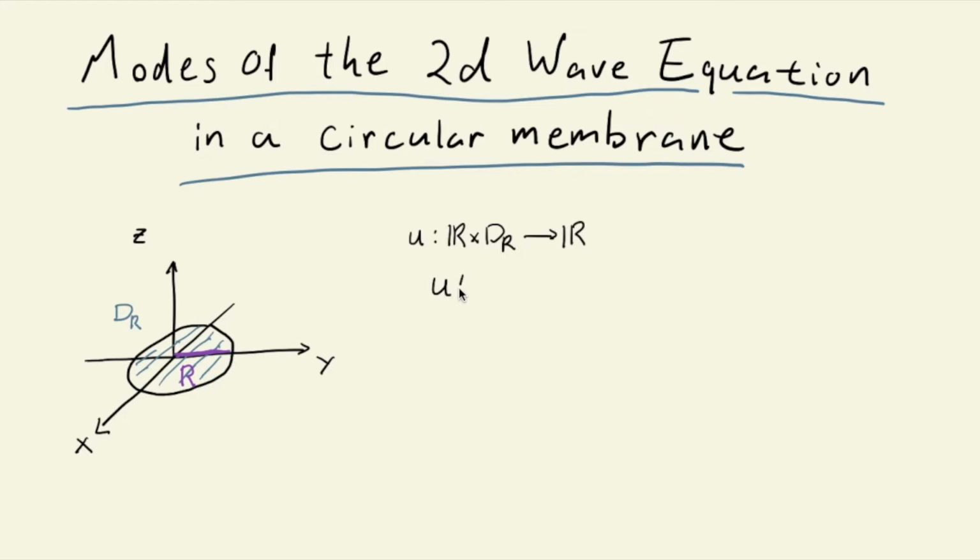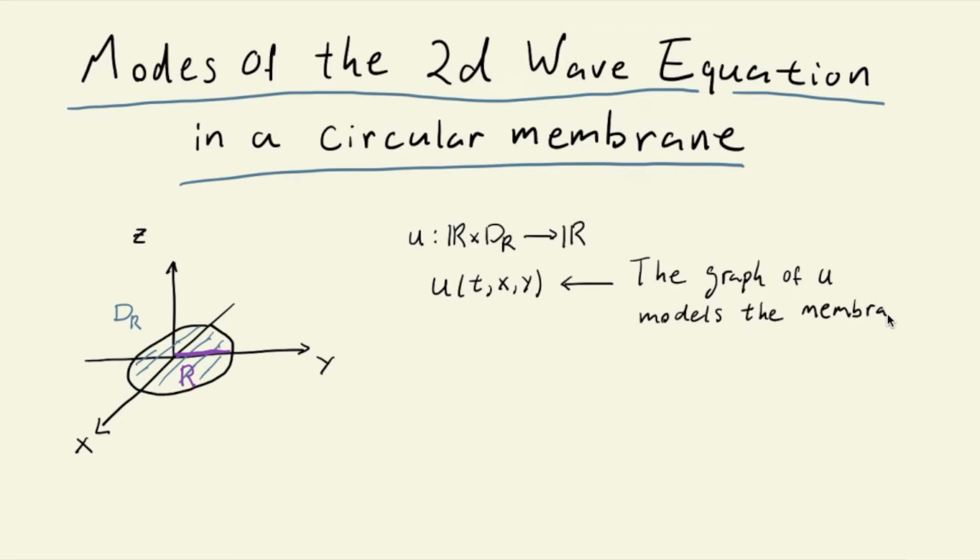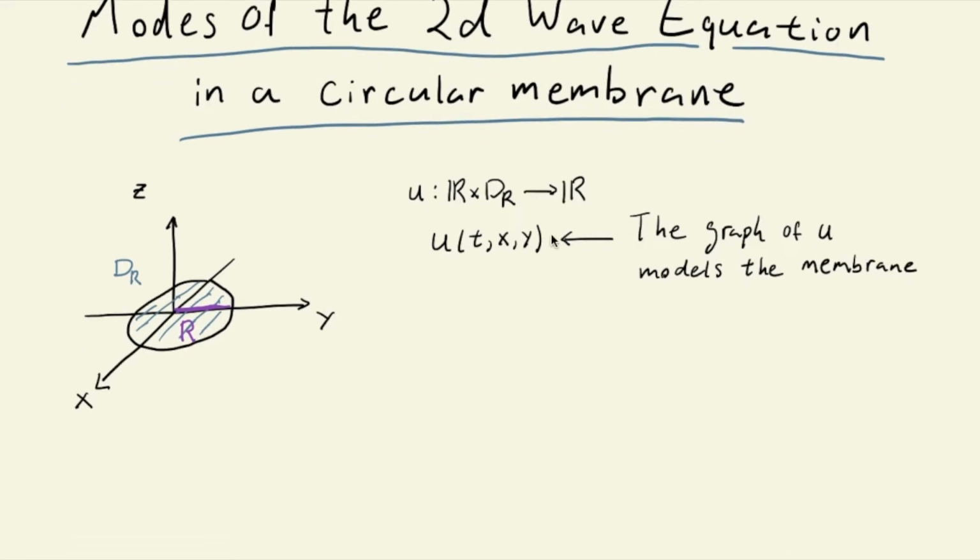It's a function u(t, x, y) whose graph, the graph of u, models the position of the membrane. Right, just like before, once you fix the time t, then this function as a function of x, y will model the vibration of the membrane.